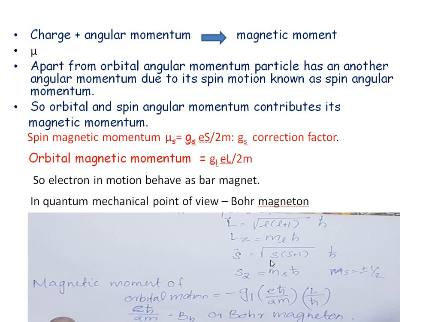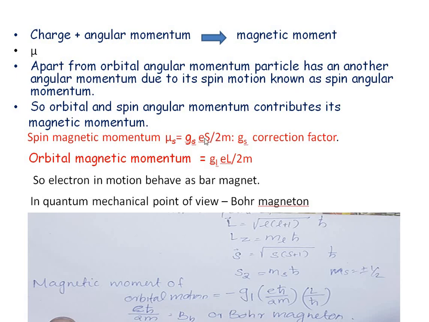Similarly, S is given by the square root of s into s plus 1 into h cut. So, the magnetic moment, when you substitute for L and S from this expression, you will get the magnetic moment of the orbital motion when we divide and multiply by h cut.